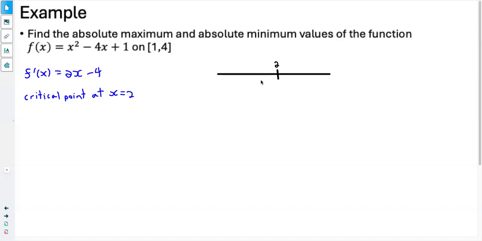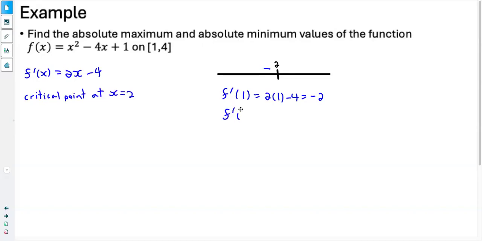If we look at this, we've got f prime of, let's say, 1 is equal to 2 times 1 minus 4. 2 times 1 is 2, minus 4 gives us -2. So we have a negative slope on this side.